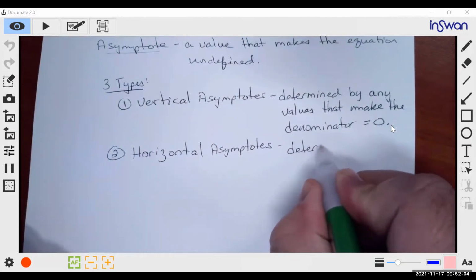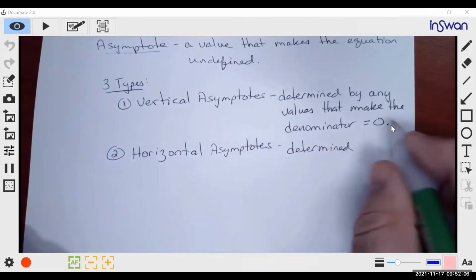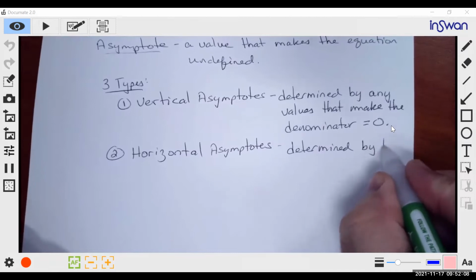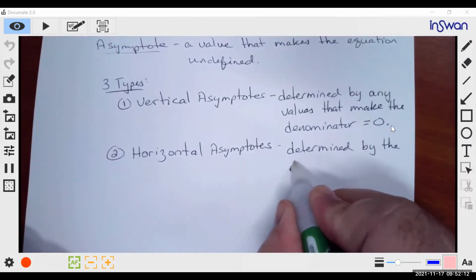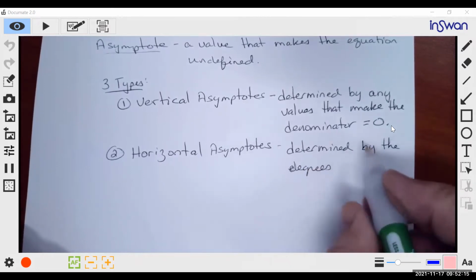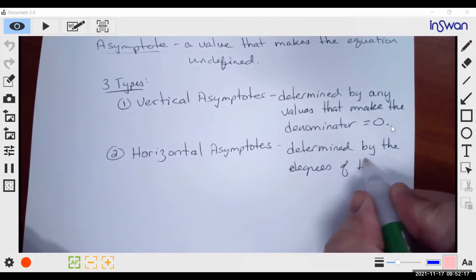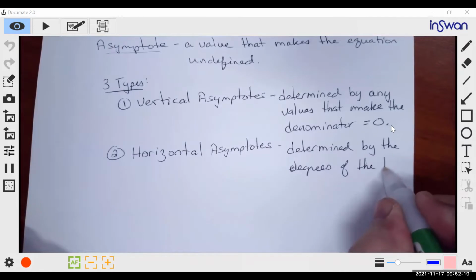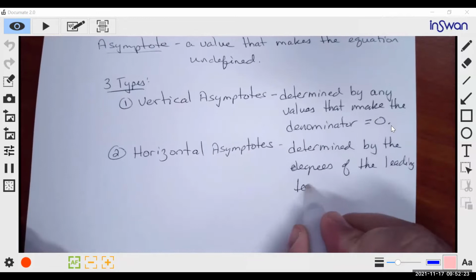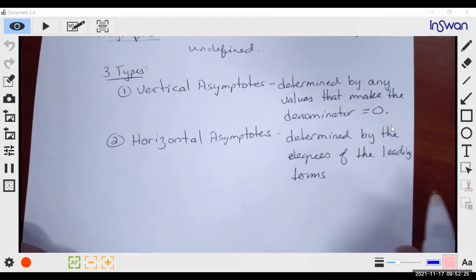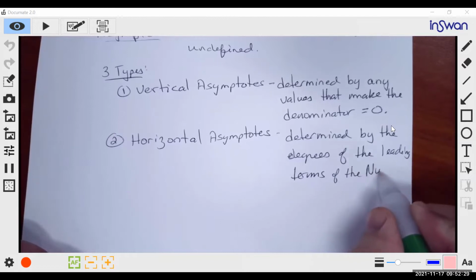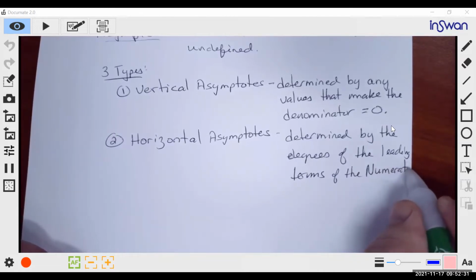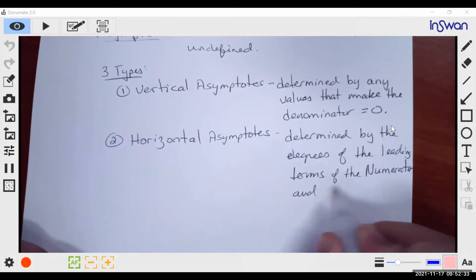These are determined by the degrees of the leading terms of the numerator and the denominator.